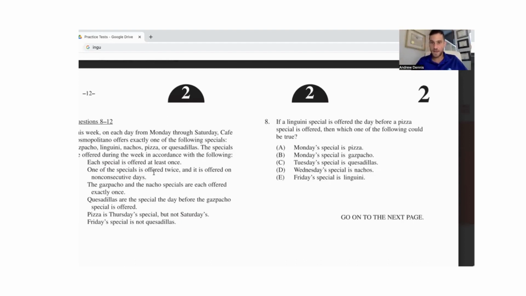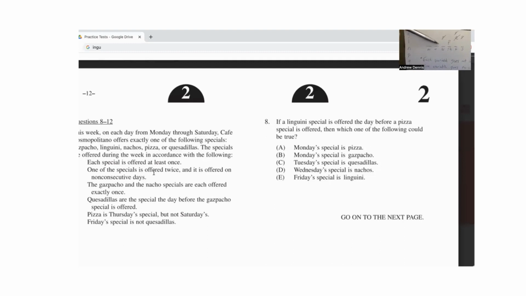Okay. Now, we want to look at the QG box. That's an interesting rule, right? Where can that go? Well, if we think about it, can it go Wednesday, Thursday, or Thursday, Friday? Absolutely not, because the P is on Thursday. If we visualize that, there's no way this QG box can go here or here because the P is interfering with it.